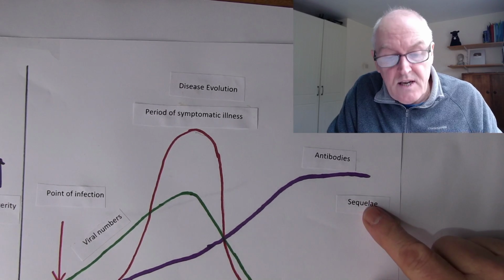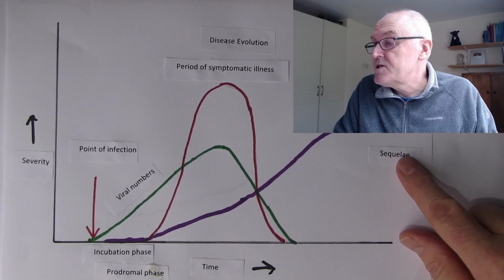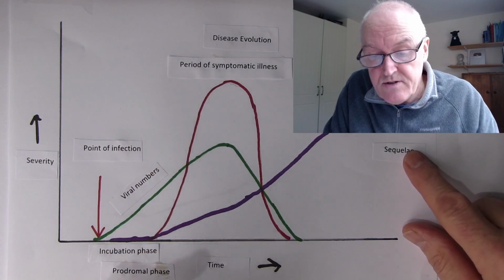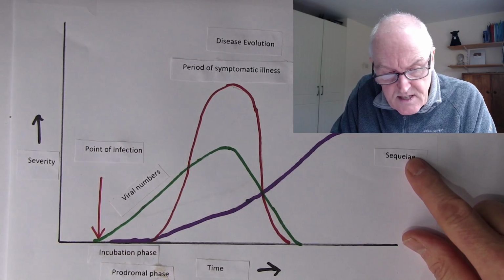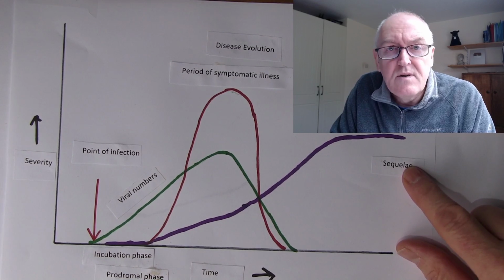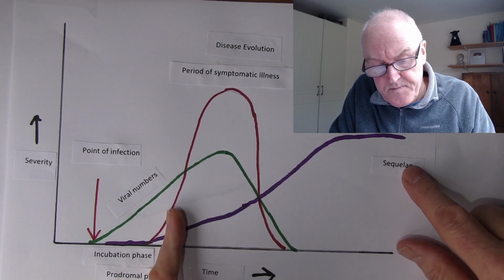Whereas other people have developed severe lung complications, hypoxia, lack of oxygen in the tissues, and have tragically died as a result of this infection. So there seems to be a wide spectrum of illnesses.